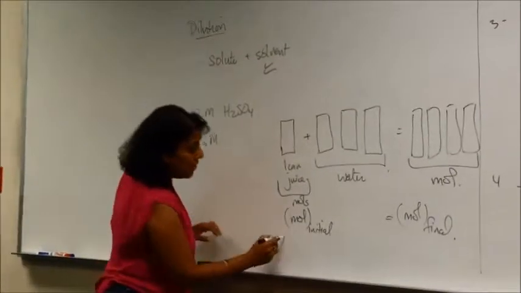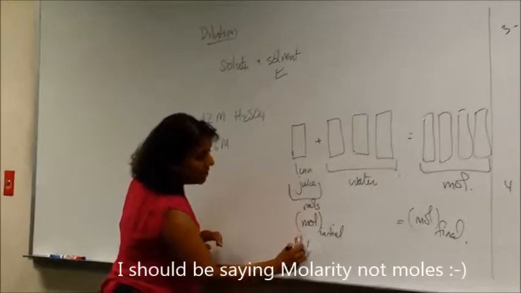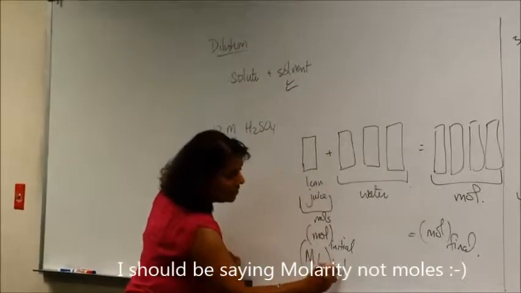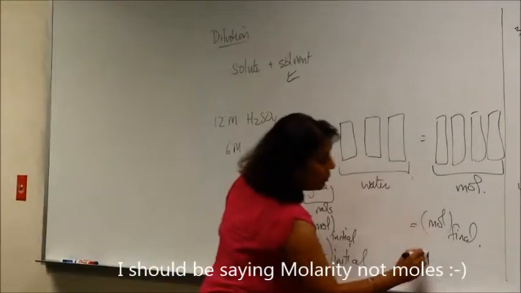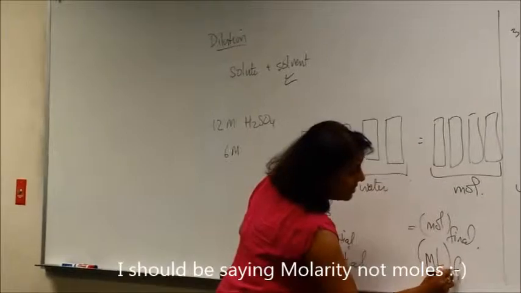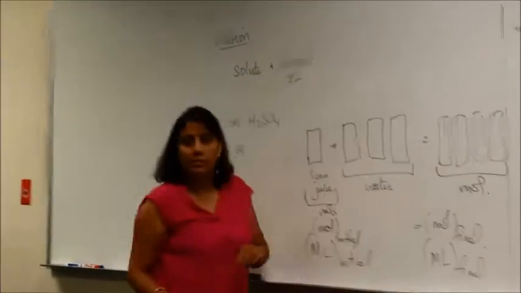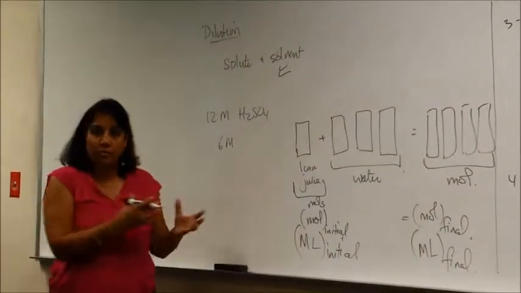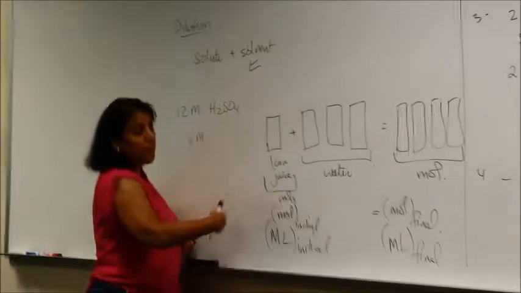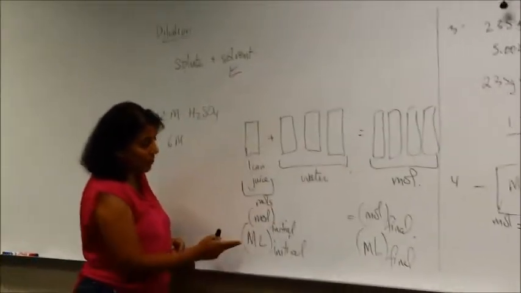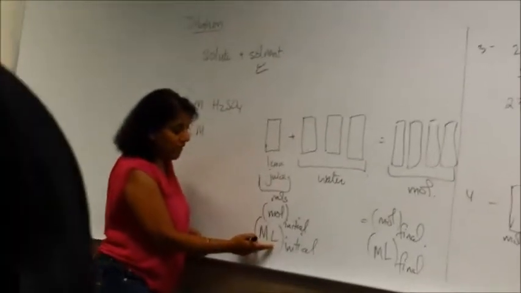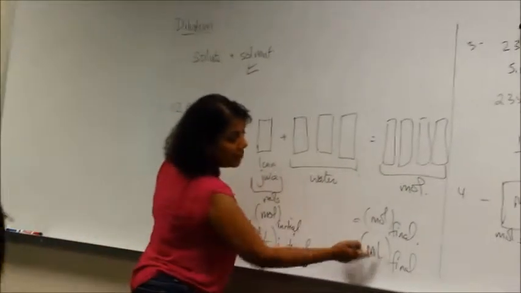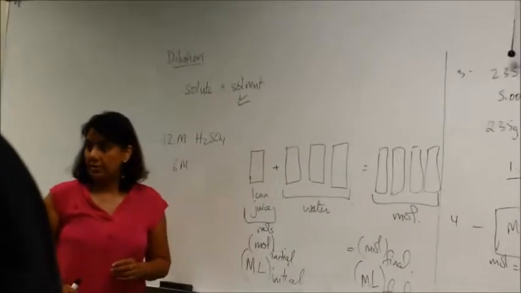You calculate it by molarity times liters, and that's initial, and then you'll have molarity times liters, and that is final. That's how you arrive at that formula, which tells you how much water you can add. So you still need the molarity and the volume you need initially, and then the molarity and the volume of the final. That's how you get it.